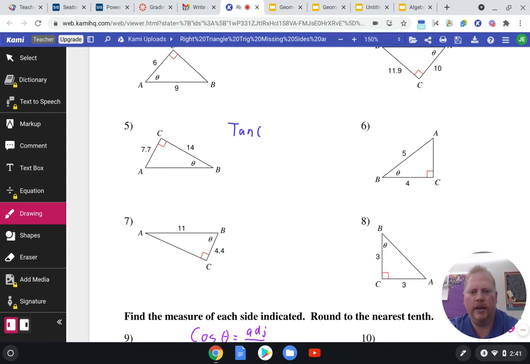So tangent of theta equals opposite over adjacent. Now I'm going to skip the illustration step in this case, and I'm just going to move that tangent over to the other side. And if this makes sense to you, then feel free to do that. In order to get tangent to the other side, I have to do the inverse. So theta equals the inverse tangent of 7.7 over 14.